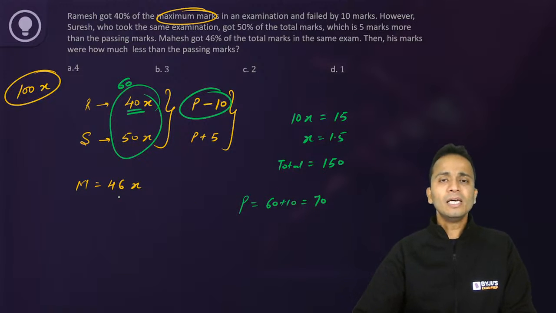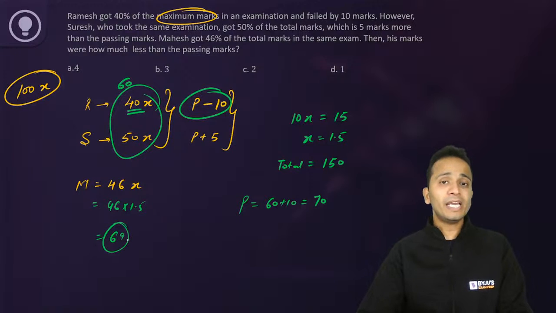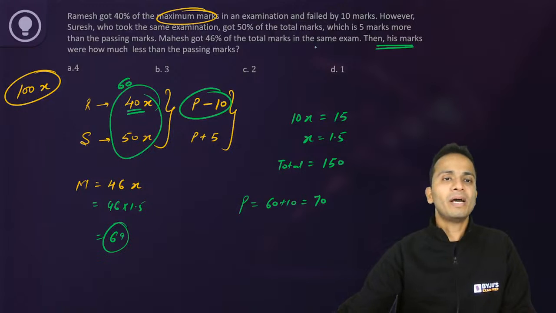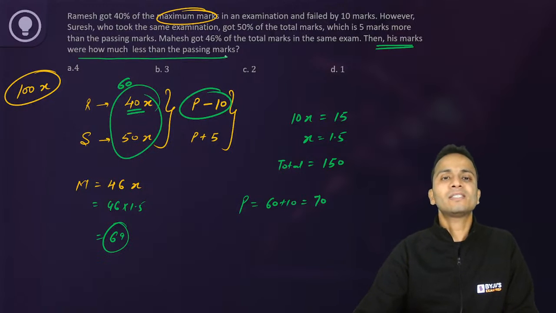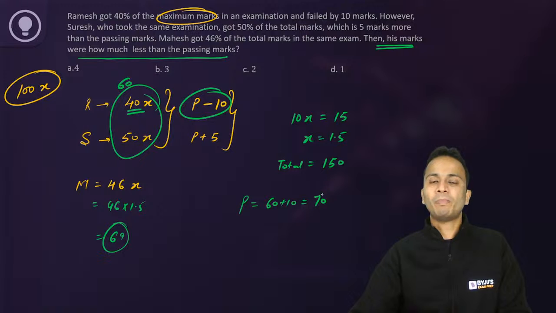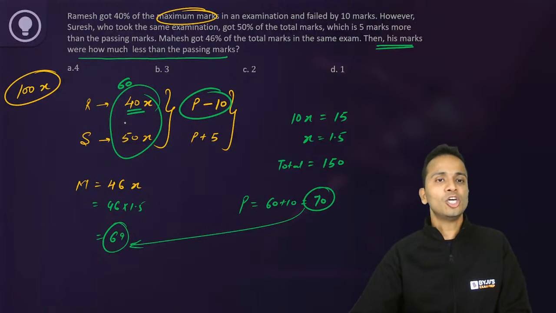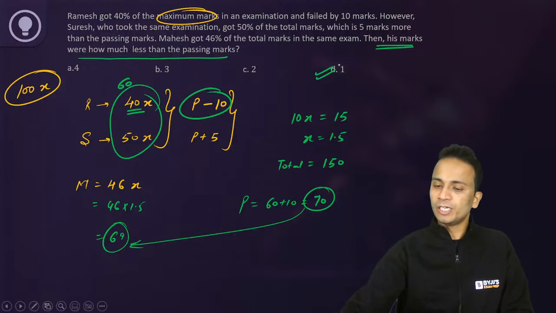Now Mahesh has scored 46x, that is 46 into 1.5, that is 69 marks. Then we have to find out how much less than the passing marks Mahesh scored. So passing marks is 70, the marks of Mahesh is 1 less than the passing marks. So the correct answer should be option D.